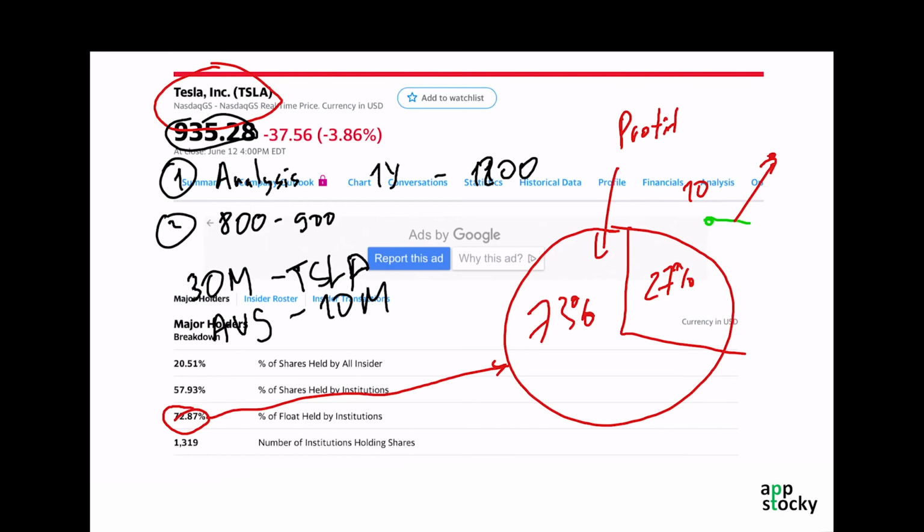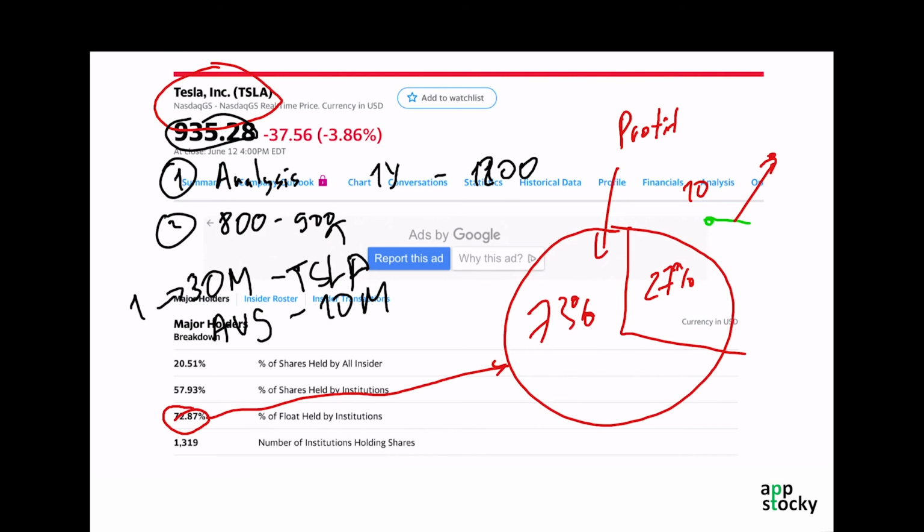So if one fund or two funds want to buy 30 million shares of Tesla, they actually have only a supply of 10 million a day. So they actually need to buy all of the Tesla stock for 3 days. And only then they will be able to fill their position, which they will hold for 1 year or something like that.